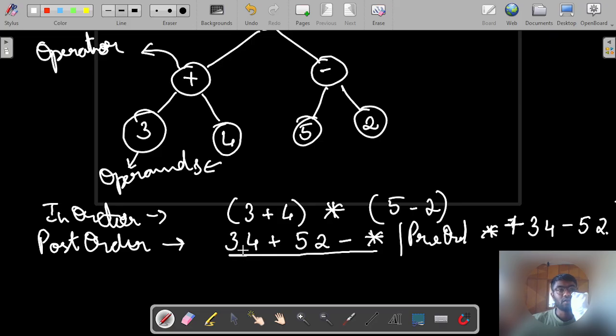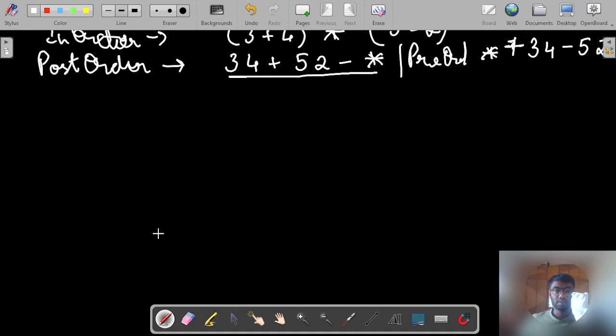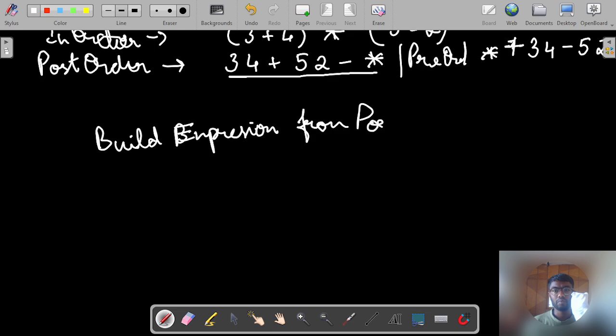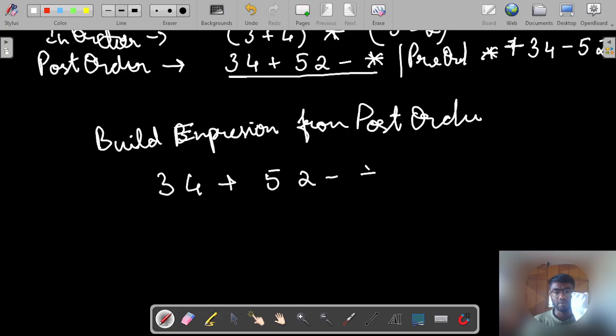Let's take building from post order. We have seen this example quite a few times, like for example 3 4 plus 5 2 minus, and finally a multiplication.